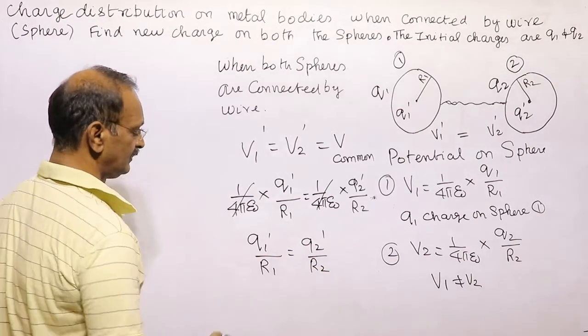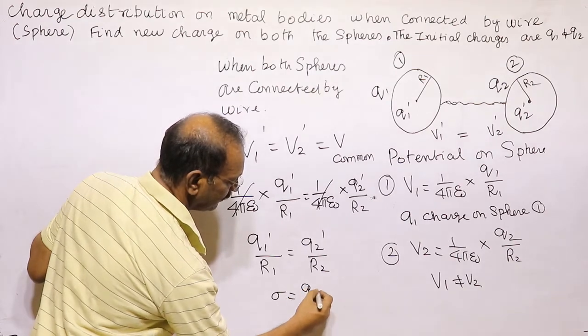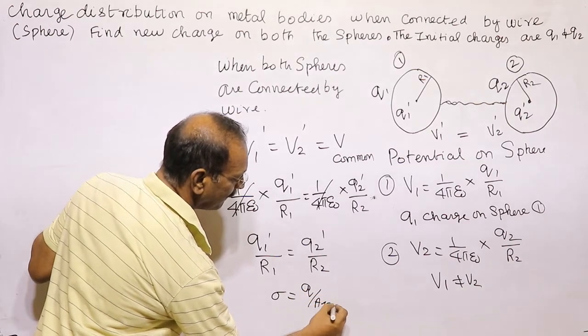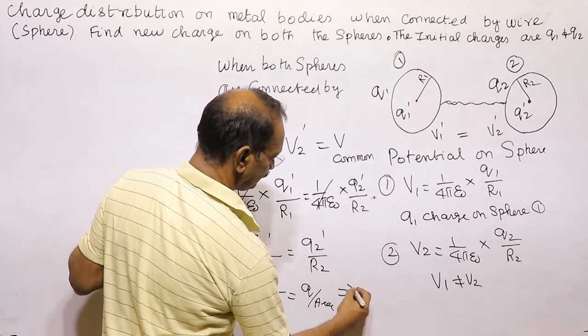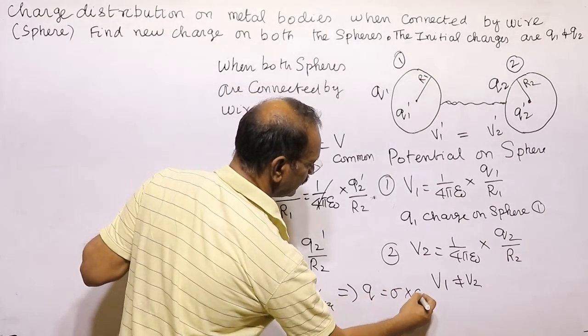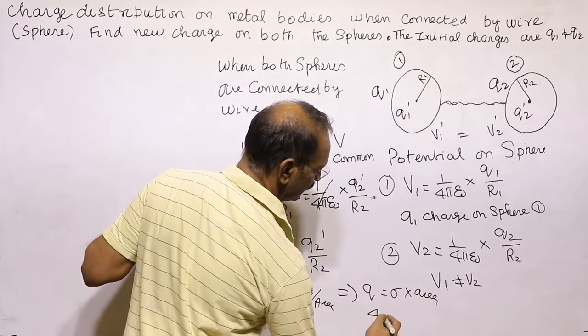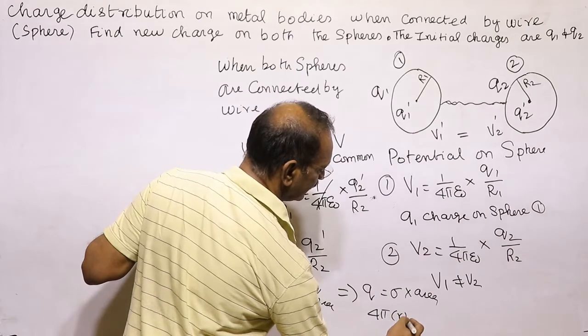What is Q1? Surface charge density is equal to charge by area, or charge is equal to surface charge density into area. Since it is a sphere, area is equal to 4 pi into radius square.